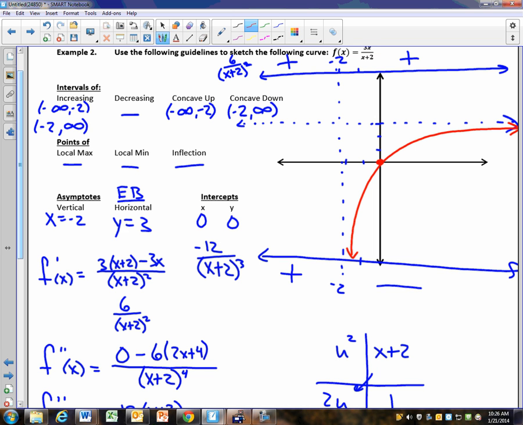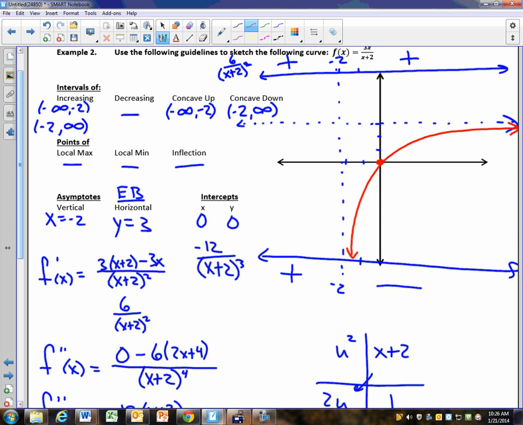Look at it. We said that the function is always increasing. Is it increasing? Yeah. Is it concave up or concave down? Concave down. So you can see that all those pieces do tie together. If you were to draw this in the upper portion, it would be decreasing and concave up. So it has to match with what we've said. Look at this part right here.